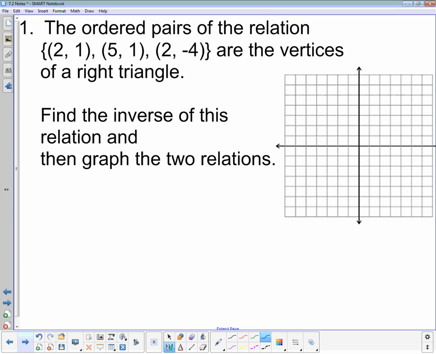So we have the ordered pairs of the relation here: (2, 1), (5, 1), (2, negative 4), and these are the vertices of a right triangle. We're going to find the inverse of this relation and then graph the two relations. We switch all our x and y values of our points, and then graph it and the original relation.